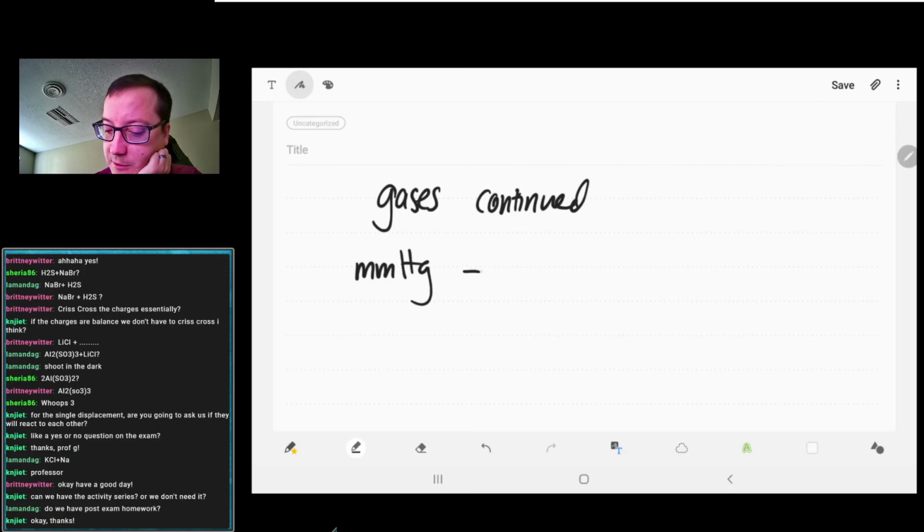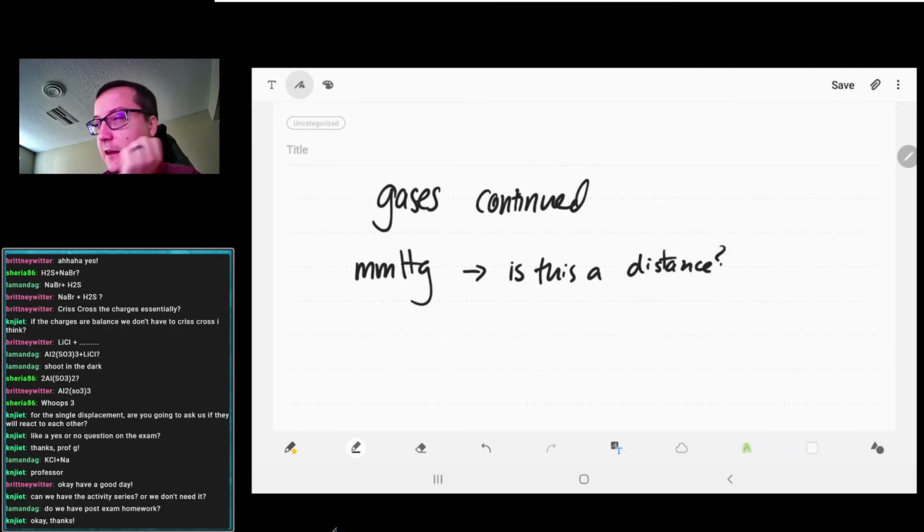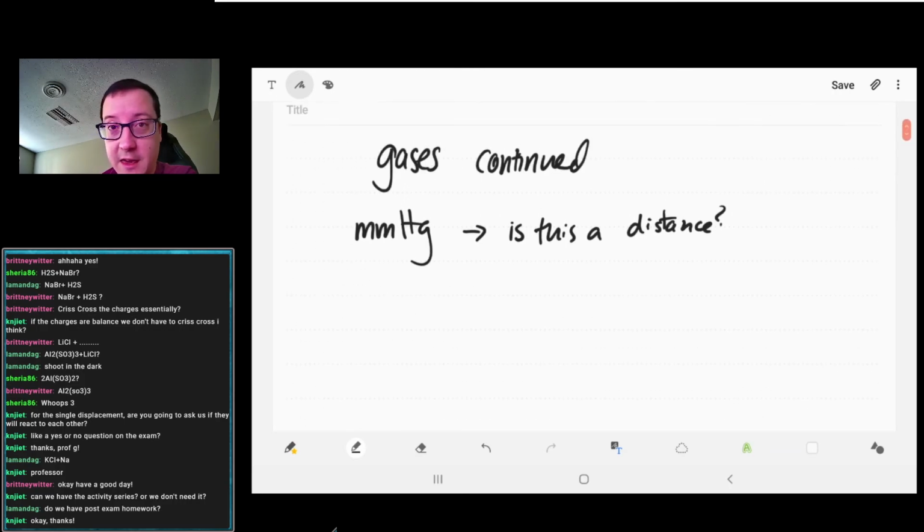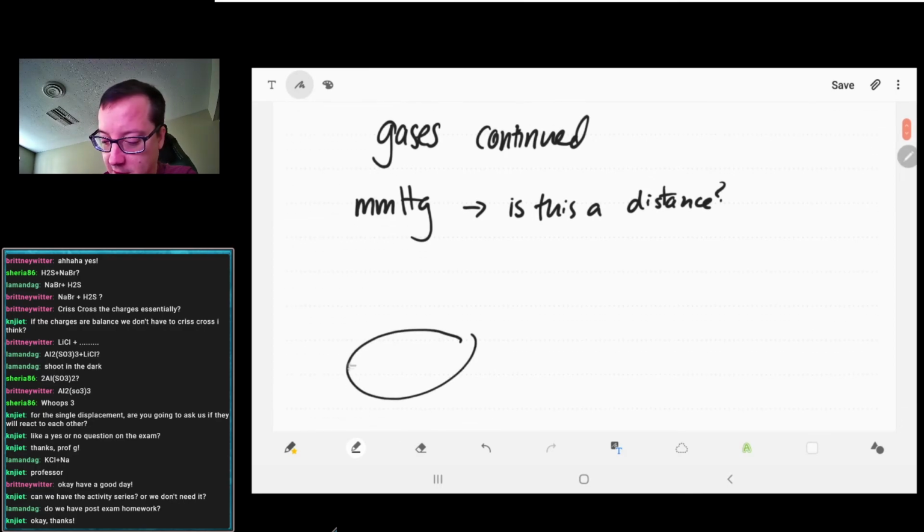So millimeters of mercury, at a glance, is this a unit of distance? Like you might think, because it's got millimeters in it, right? We have this archaic device, no longer something that is really used. We have more fancy ways now to measure pressure.